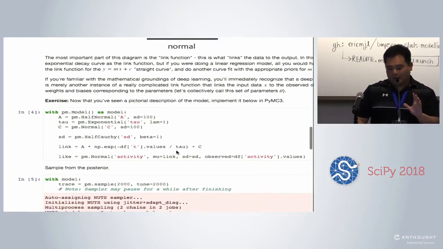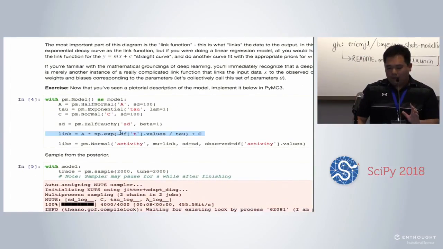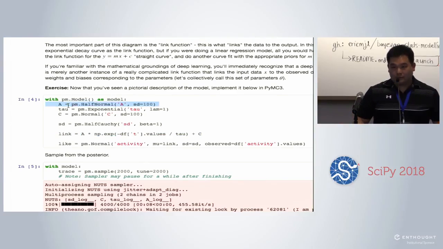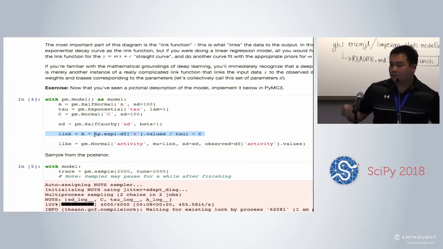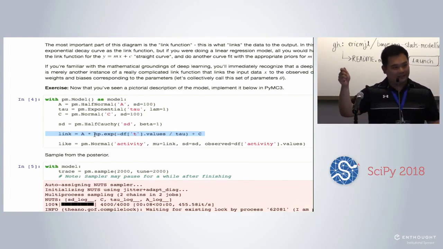Here's what this model looks like in PyMC3 code. The most important thing that you need to look at is this one line over there. This one line describes the mathematical relationship between all of my 3 priors and the data. And with this so-called link function, and we usually hear link function in the logistic regression case, right?